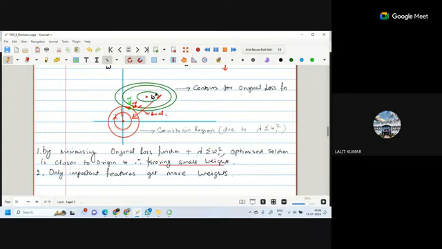Number two, when it is brought closer to the origin, the parameters which were not relevant don't get any updates, and only the important features get more weight. So this is the geometric understanding of your L2 regularization. I hope it is clear. If you want, I can cover it again.